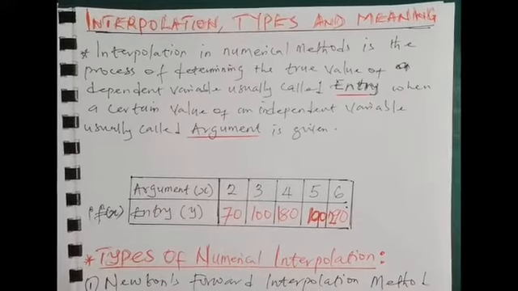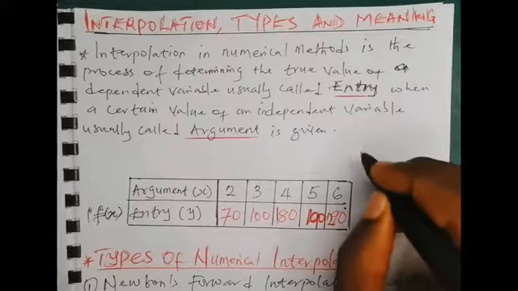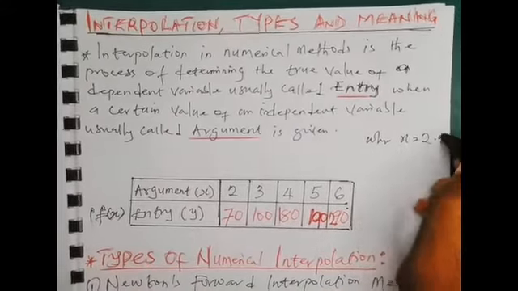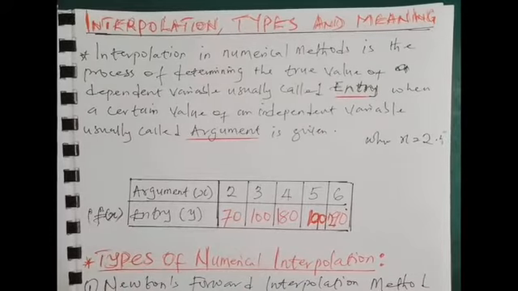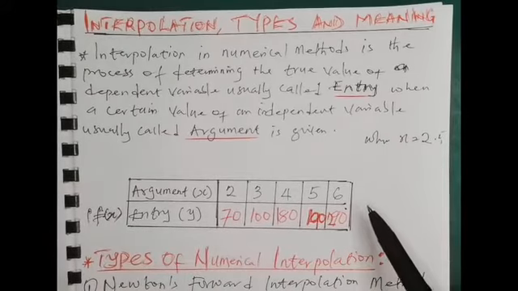Now, let's say we are asked to find the value of f of x, or the value of y, when x is 2.5. You take a look at this table, and you find out that there is no 2.5 on this table.